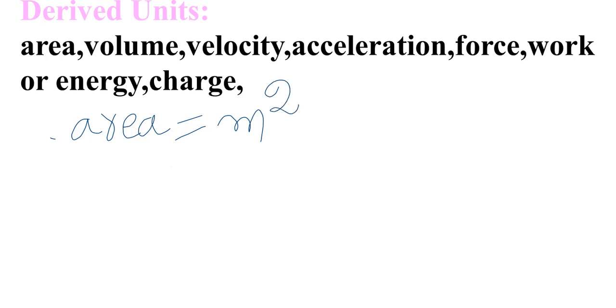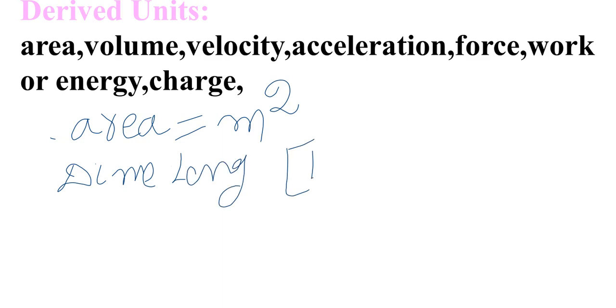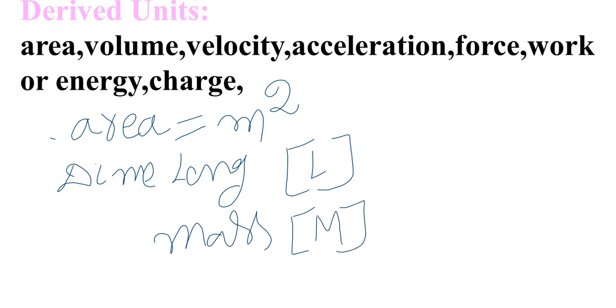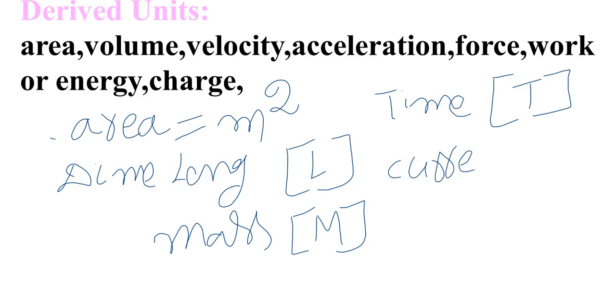In the dimensional formula we can write length like this, mass like this, time like this, and current like this.